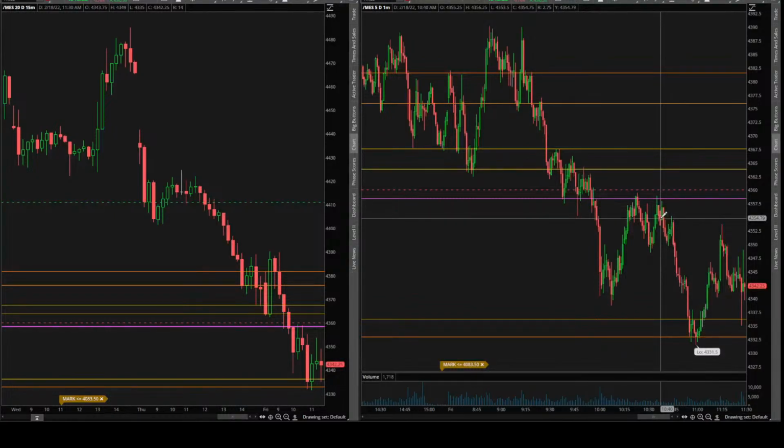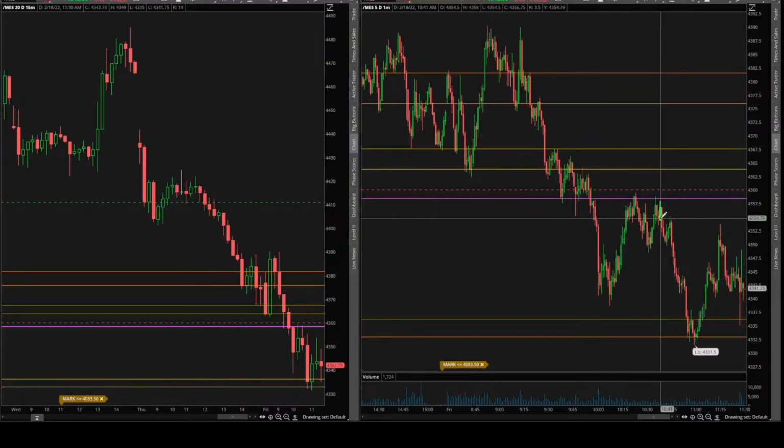But still, at this point, we're fighting City Hall. The trend has just been down, down, down all day. Getting a little bit of responsive buying here or initiative. It's anyone's guess.